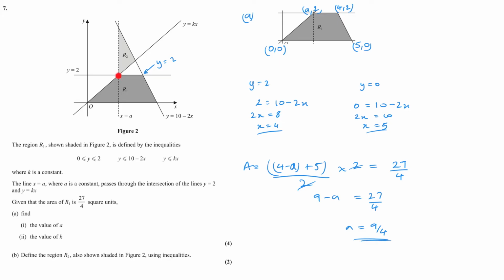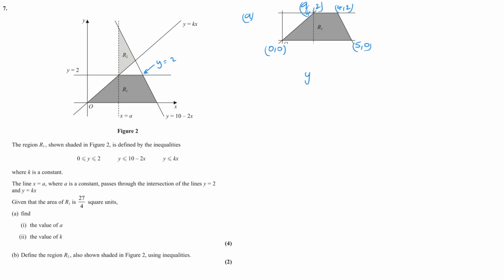Now we know this coordinate here, which is 9 over 4, 2, and that is on this line y equals kx. So when y is 2, x is 9 over 4.